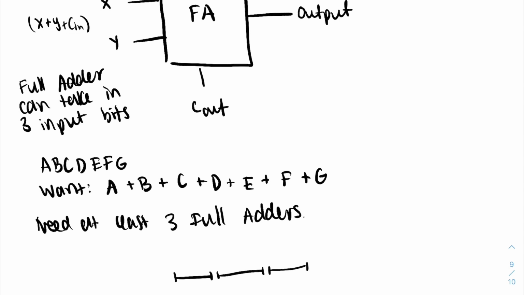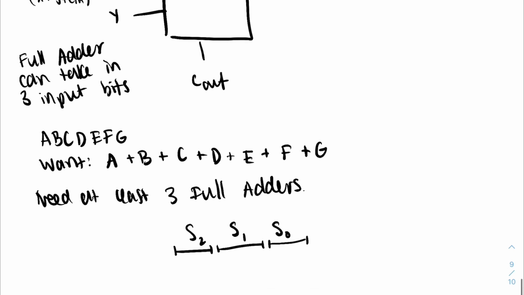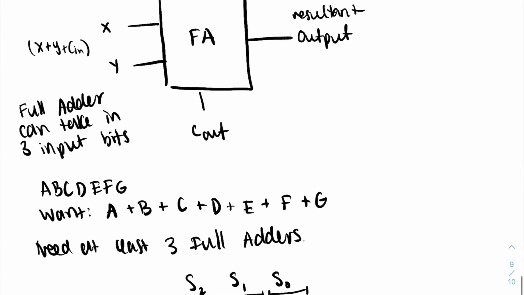So let's think more about what the output's going to look like. With 3 output bits, I'll just label them S2, S1, S0. And basically, these 2 higher order output bits are going to be influenced by the carry outs. And S0 is just going to be the initial resultant bit of this 3 adder approach that we just talked about.